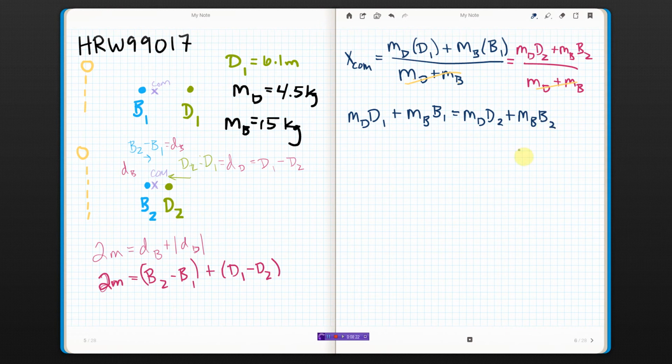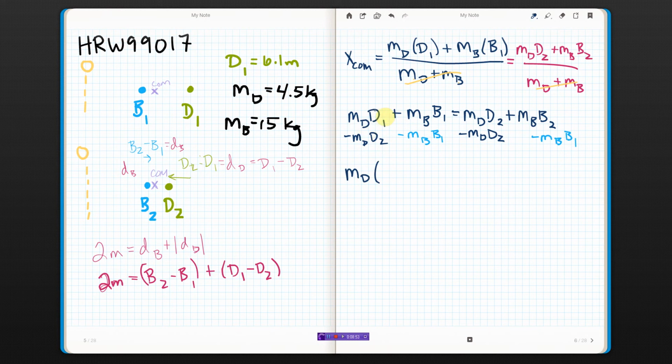I'm going to combine some like terms for the masses. So if I pull this to this side, and I pull this to this side, on this side I've got an MD, and I'm going to pull that out.